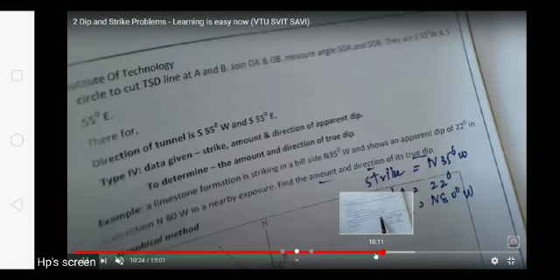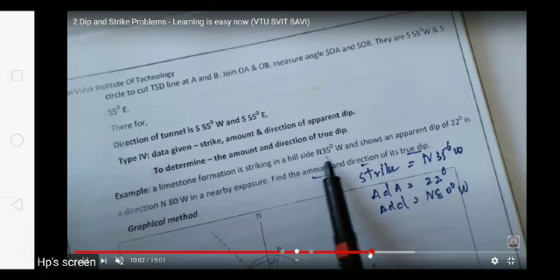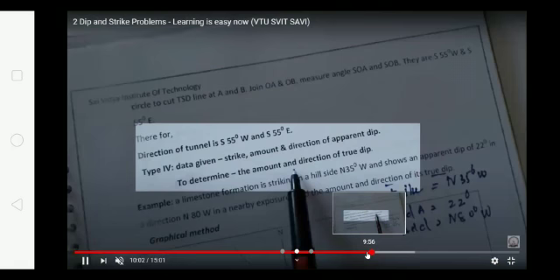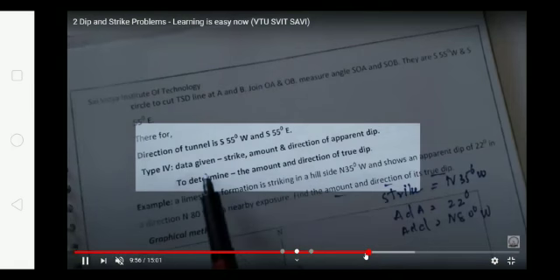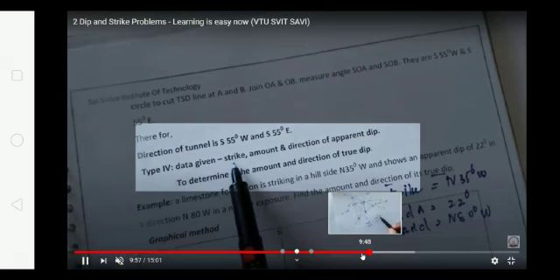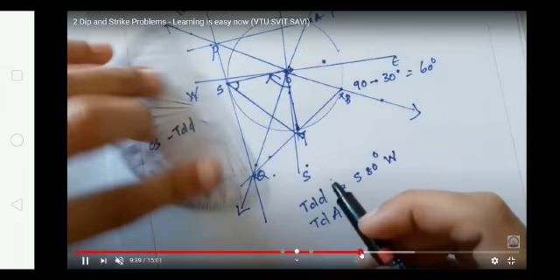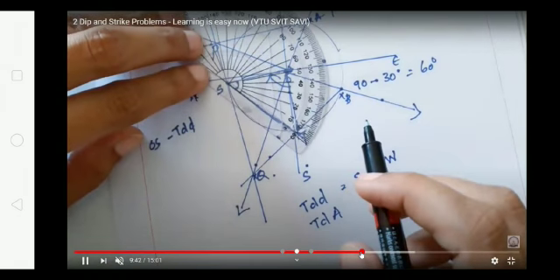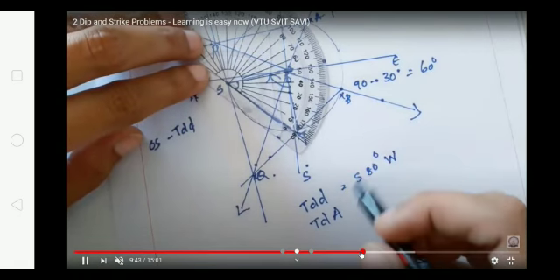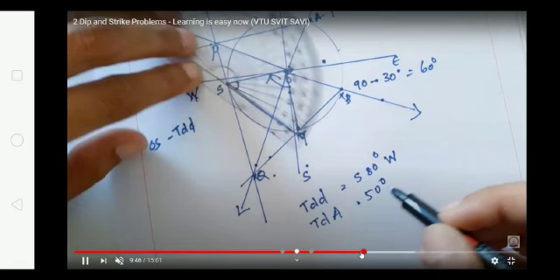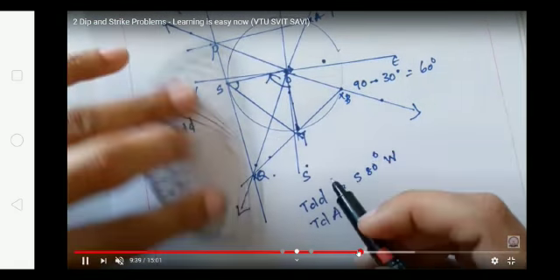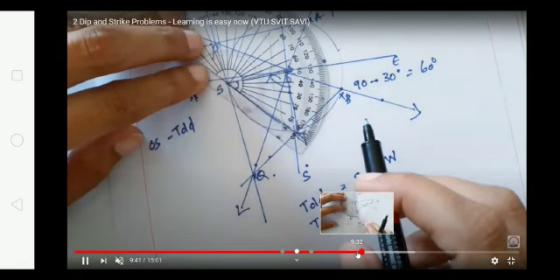So it's a second type problem actually. So what we have done here, I'm just going back, I'm showing the video.